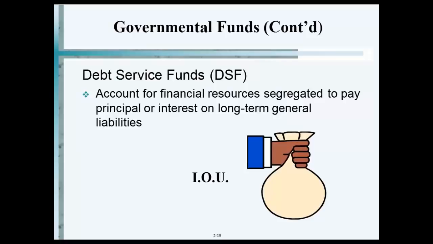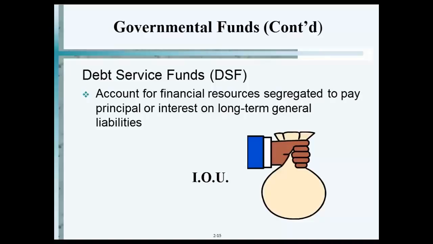Another piece is the debt service fund. What is this? Let me explain this to you. When governments borrow money, the people who lend them money want to make sure they get paid. And they lend them money because they know if governments get into trouble, what can they always do? Raise taxes, right? That's why they are not afraid to lend them money. Though we have found out that that doesn't always work with bankruptcies.